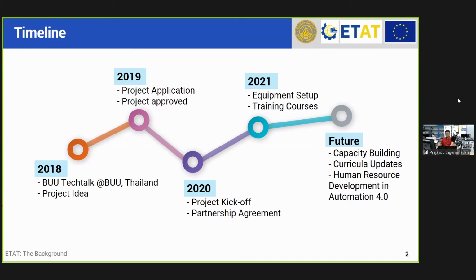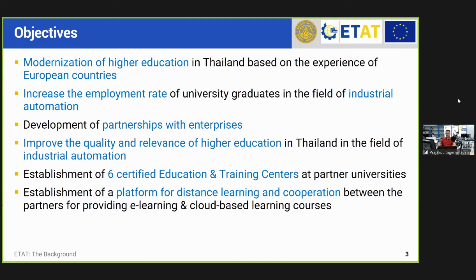So our objective for the ETAT project is that we want to modernize the higher education in Thailand based on European partners. So I mean, they have more experience in this field, and then we want to learn from them.